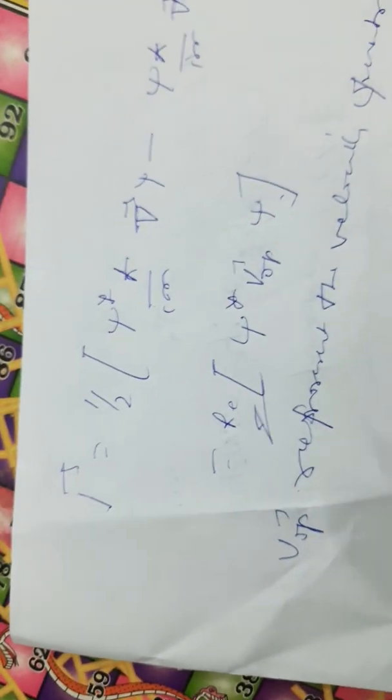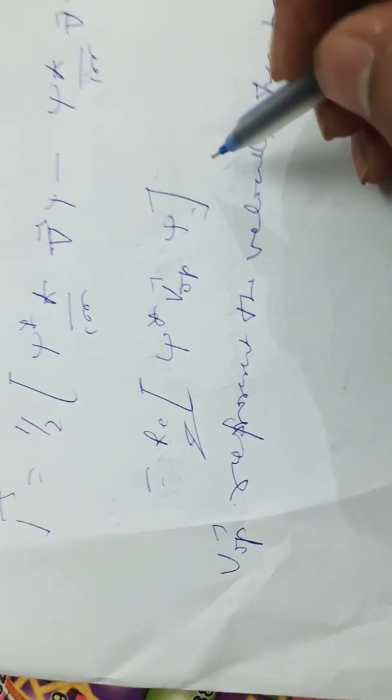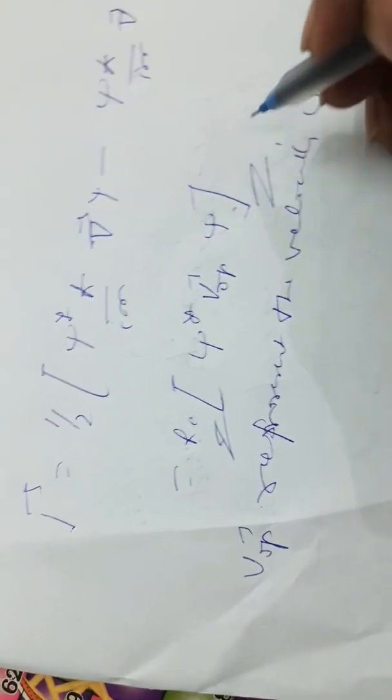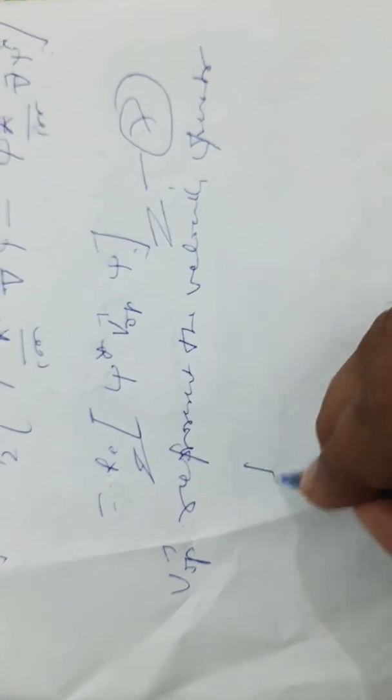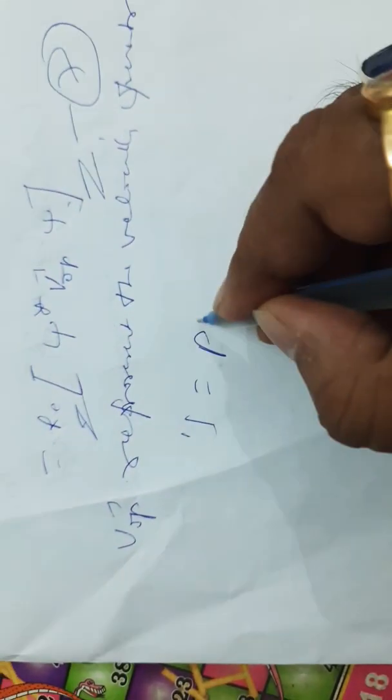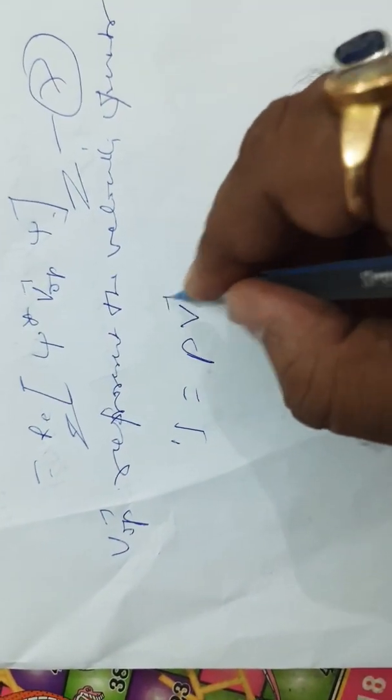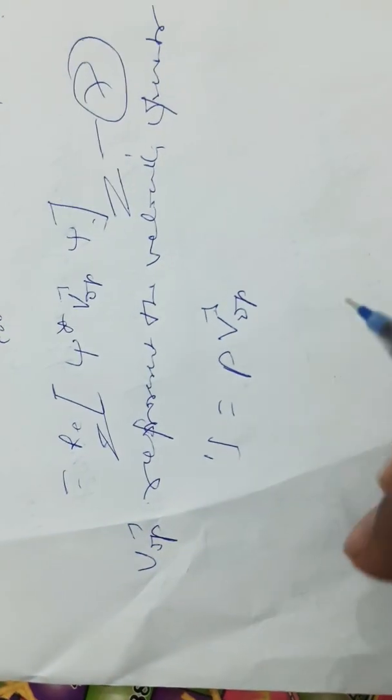So from equation 6a and this equation, say equation number 7, one gets J is equal to rho into V_op, which is the same as the expression in the case of fluid dynamics, and hence the name current density for J is justified.